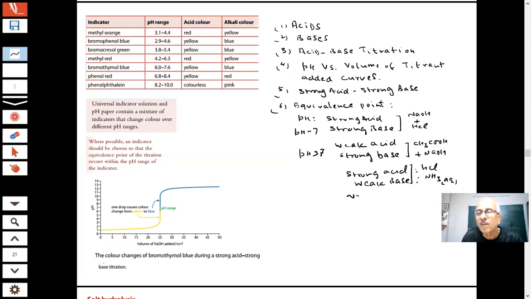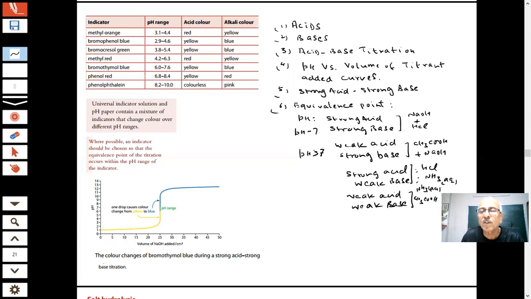Then you have taken weak acid and weak base, so you are getting different types of pH. You can take aqueous ammonia and acetic acid, ethanoic acid. What was the pH like here?